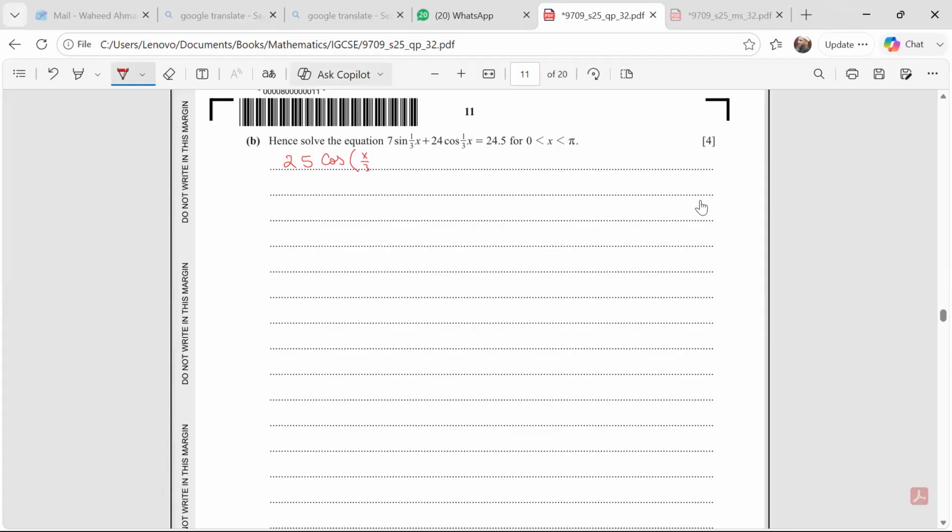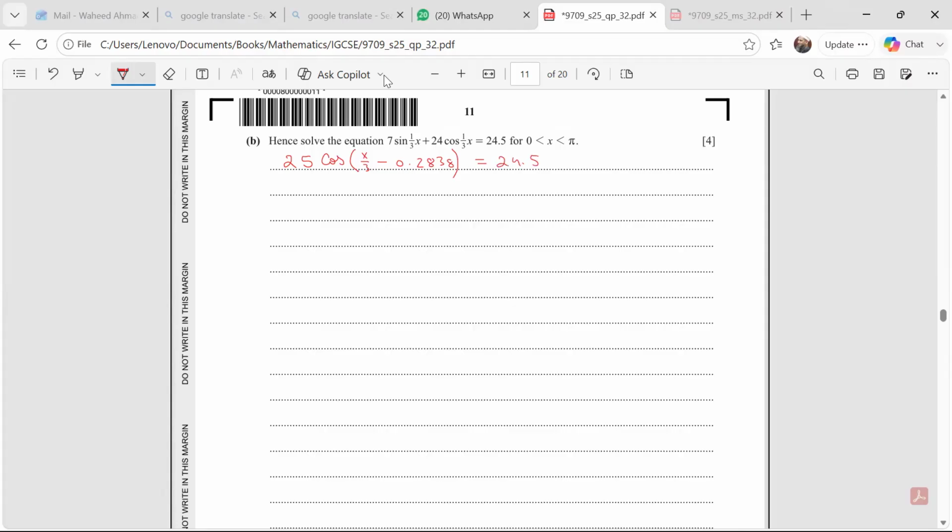Before it was theta, now I write x by 3. And minus alpha is 0.2838. Okay, I hope it's clear why I am writing this expression instead of 7 sine 1 by 3x plus 24 cos 1 by 3x. And this whole thing is equal to 24.5.